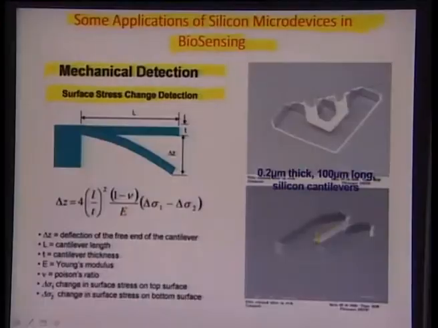So here what this process is all about is defined by change in surface stress across a small thin film micro-cantilever. You can see here this is a micro-cantilever which is coming all the way into the small pool, and it is separated from the base.